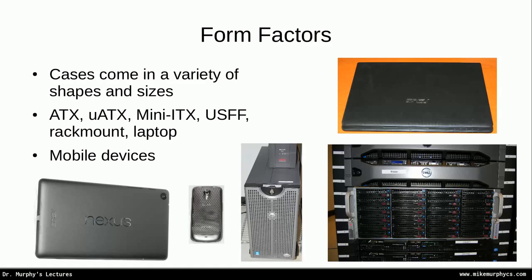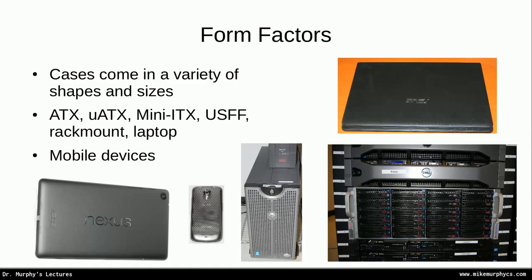There's also something called the ultra small form factor that Intel has been pushing lately. That's basically a computer not that much larger than a deck of playing cards, or maybe a couple decks stacked. There's also a rack mount system for server usage and laptop style systems. These are simply different ways of packaging the same types of components into different size systems for different purposes.